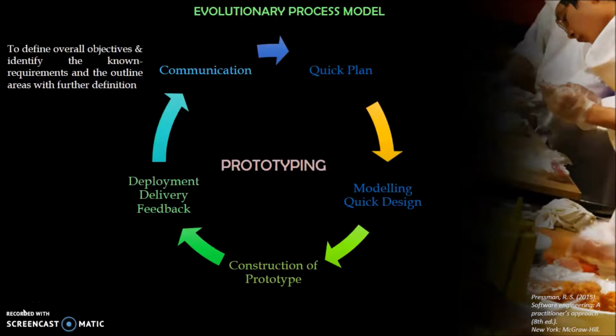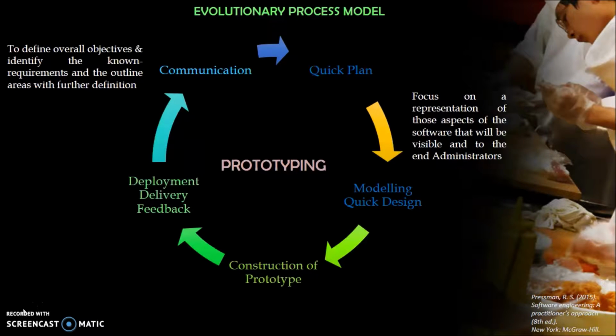The communication is to define overall objectives and identify the known requirements and the outline areas with the further definition. Whereas the quick plan and the modeling quick design focus on a representation of those aspects of the software that will be visible to the end administrators.